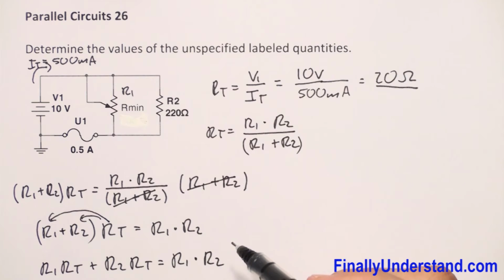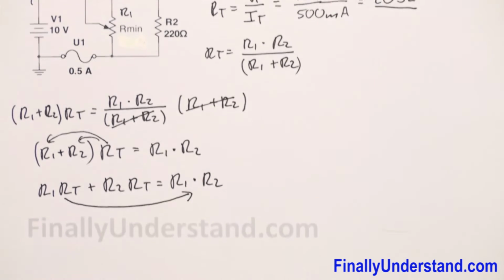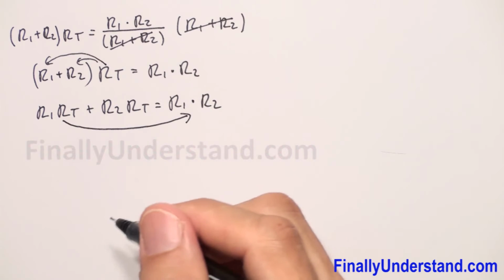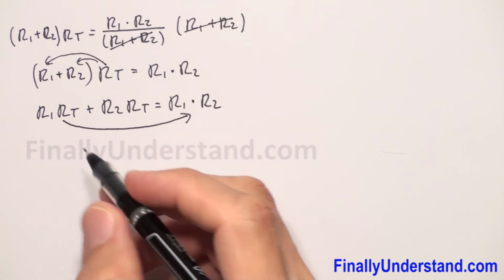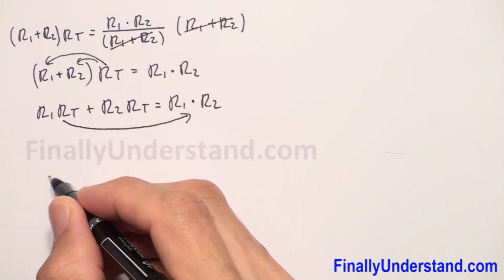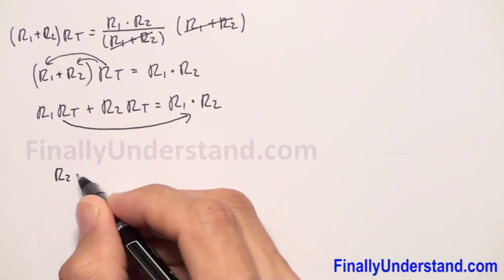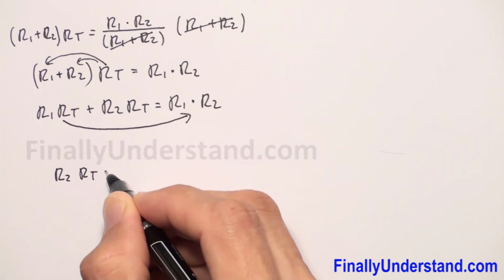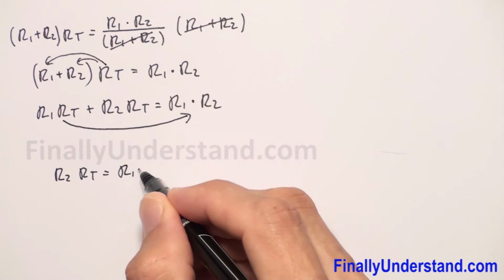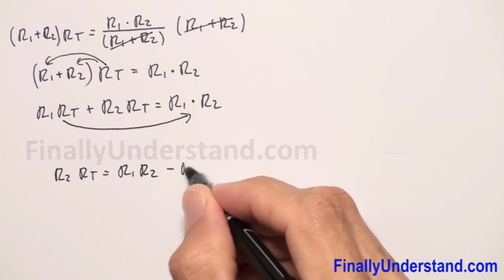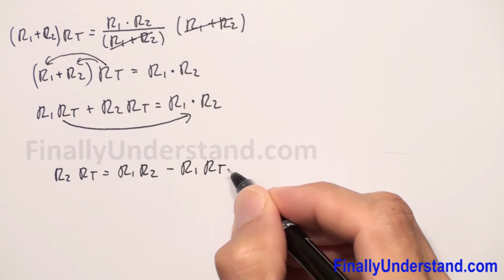Okay, so we have to find the value of R1. So all terms which contain R1 I'm going to move to the right side, and everything without R1 I'm going to keep on the left side. So I'm going to move this one over here. Alright, so I have R2 times RT is equal to R1 R2 minus R1 R total.